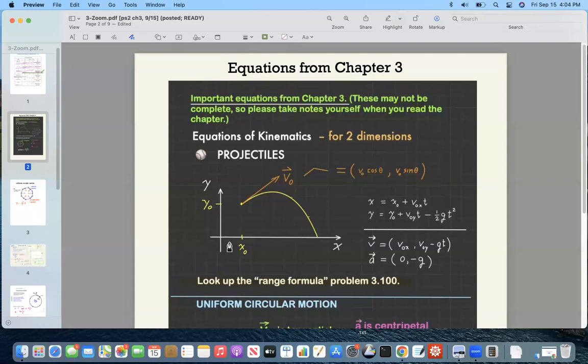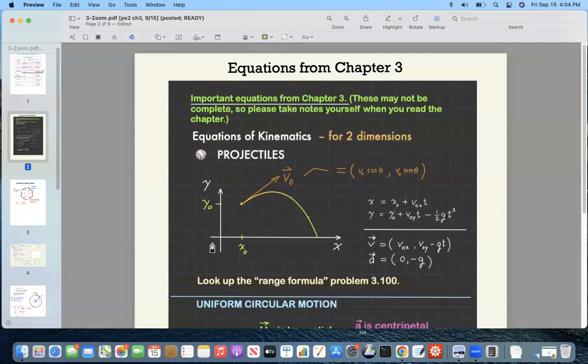Then y is a problem with constant acceleration. That's a problem we studied back in chapter 2. That's constant acceleration downward in the negative y direction equal to 9.81 meters per second squared, acceleration due to gravity.